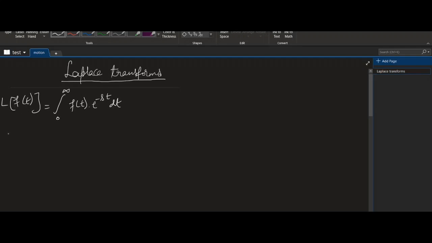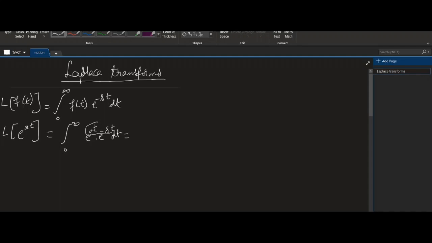So in that case, suppose I consider a function, say e power at, e power some constant into t. Then what happens here? We have 0 to infinity e power at into e power minus st dt.